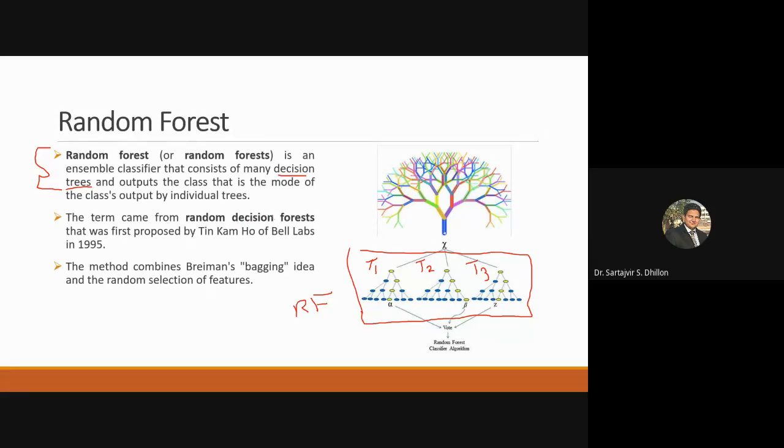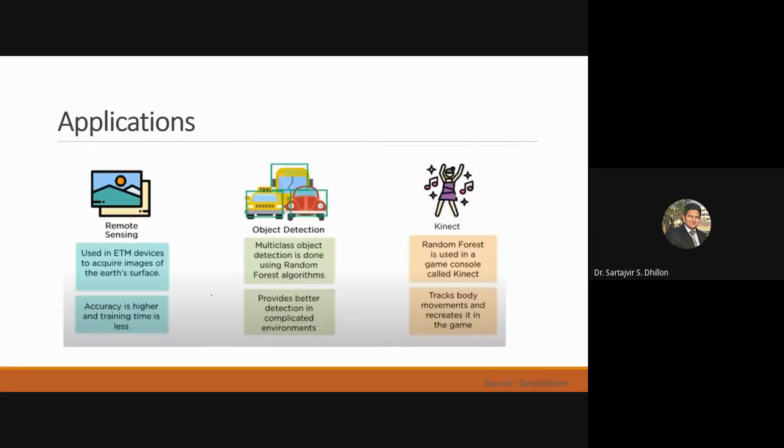So there are multiple names, but the actual meaning is a collection of multiple trees. This method combines bagging, which I will cover a little bit later, and in which there is a random selection of the features, and we will see how in upcoming slides.